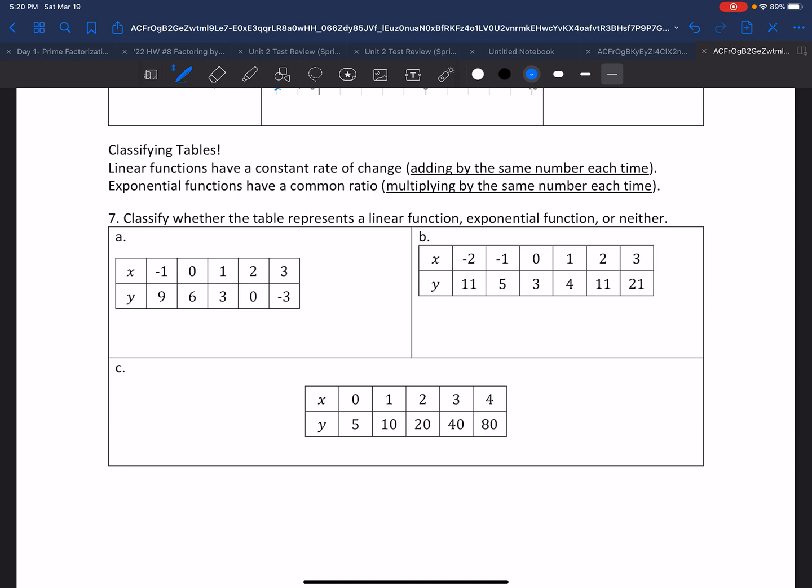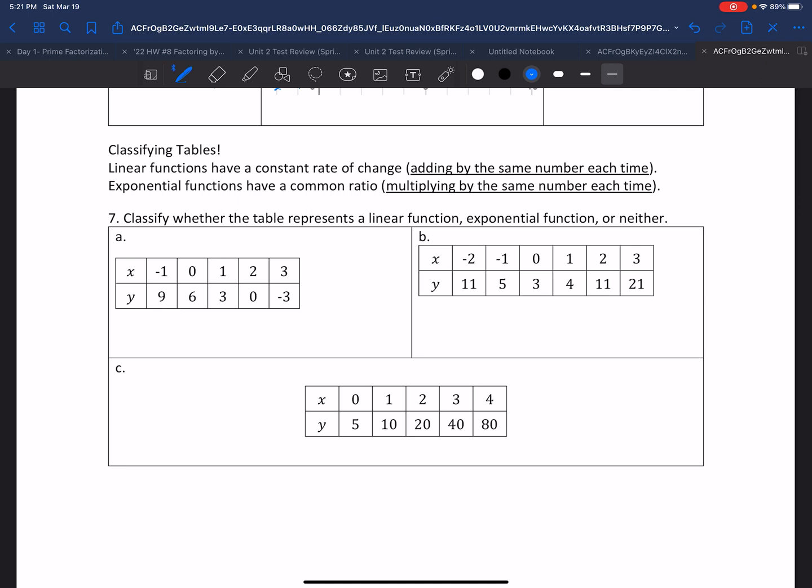We teased you with that at the beginning, but we didn't really explain what that is. But now you're going to know: if you're multiplying by the same number each time, then you have an exponential function. And if it's none of those, then you just say it's neither.